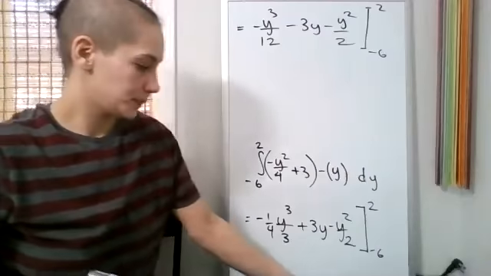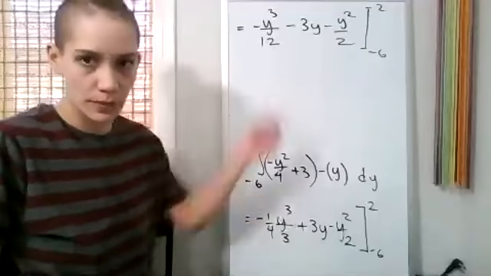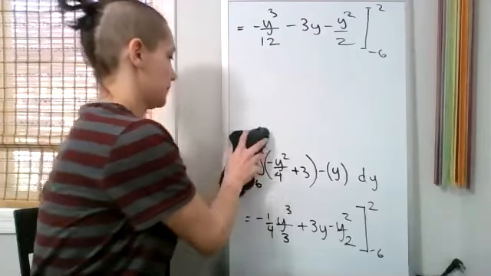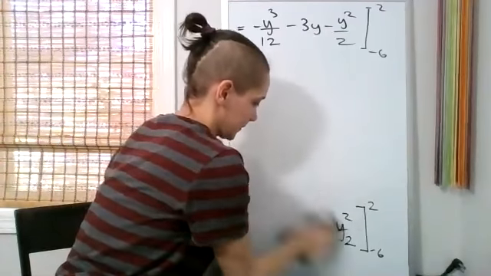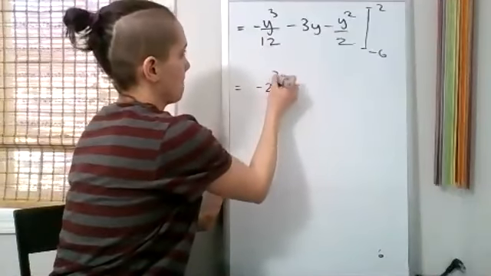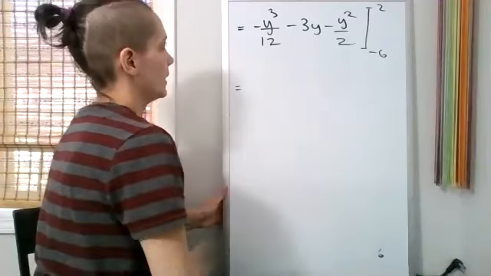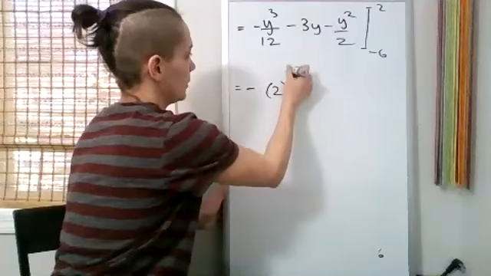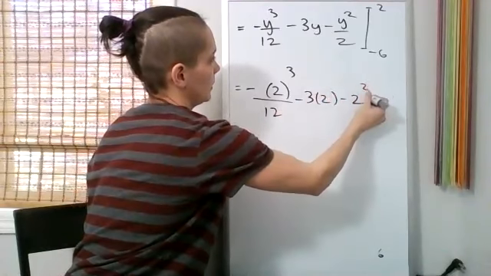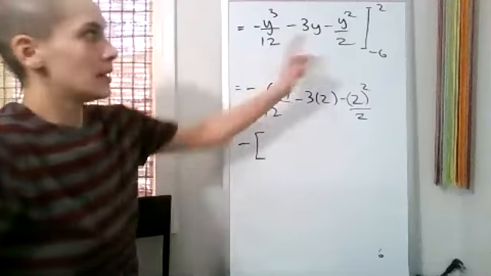And let's see. I did put everything in. So first we'll put 2 into the full expression. So I'm going to set that sign. A negative of 2 cubed over 12 minus 3 times 2 minus 2 squared. Subtract. Put in -6.